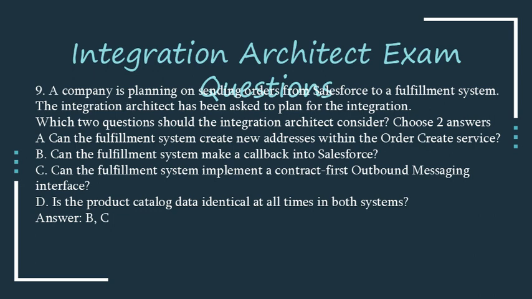B. Can the fulfillment system make a callback into Salesforce? C. Can the fulfillment system implement a contract-first outbound messaging interface? D. Is the product catalog data identical at all times in both systems? Answer: B, C.